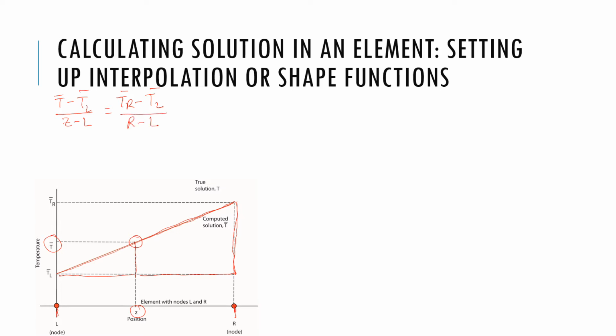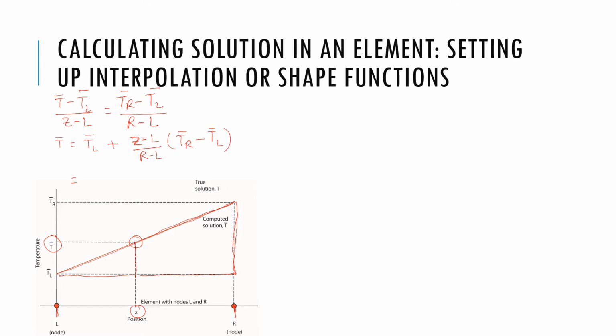Okay, so this I can simplify as T bar is equal to TL bar plus Z minus L over R minus L times TR bar minus TL bar.